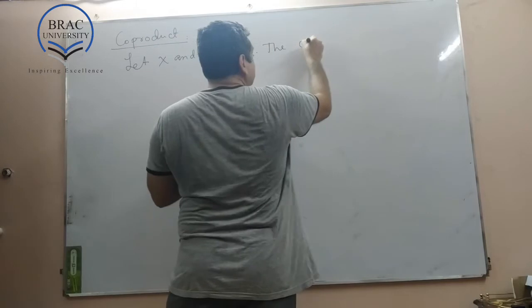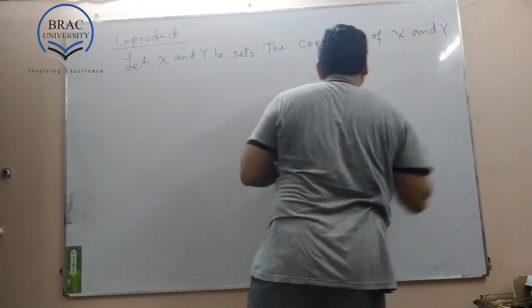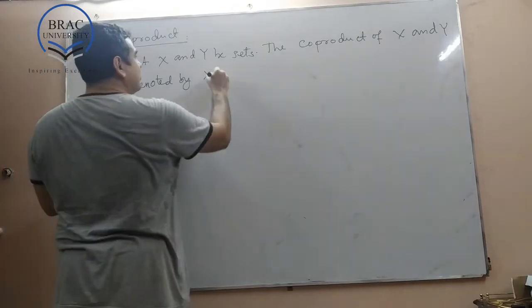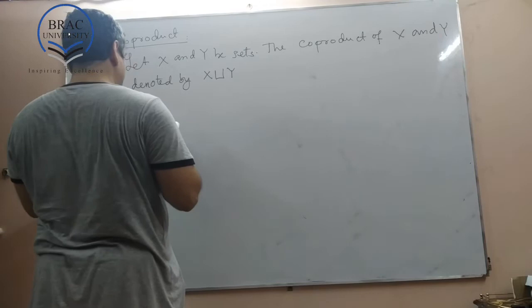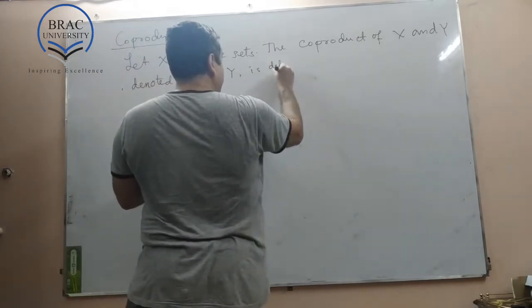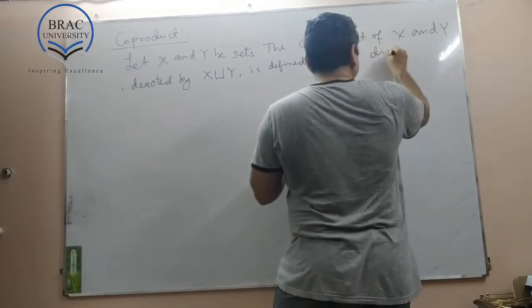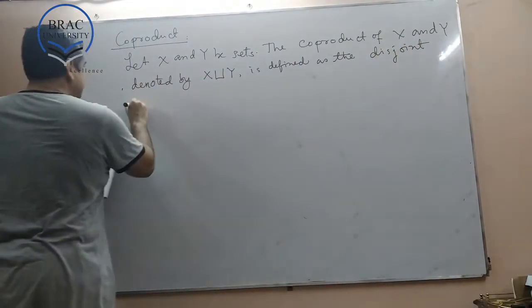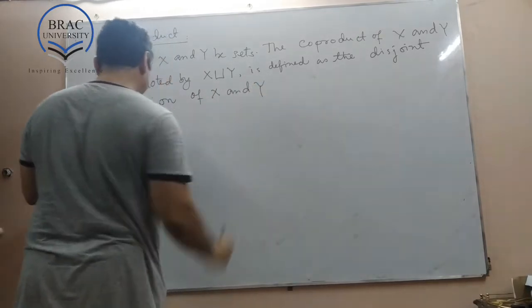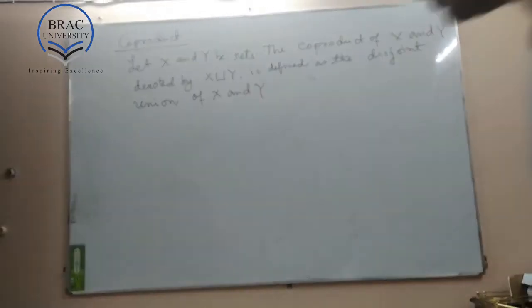The coproduct of X and Y, denoted by the disjoint union of these two sets, is defined as the disjoint union of X and Y.